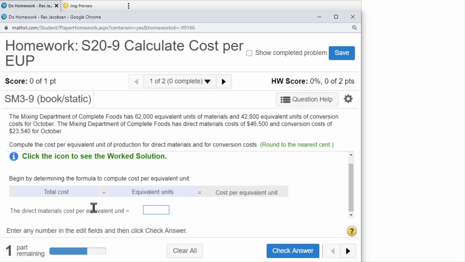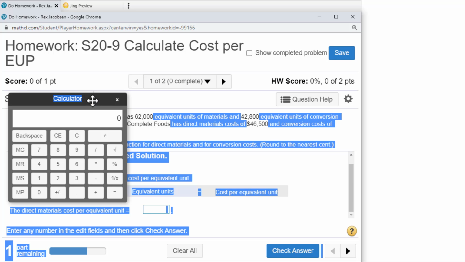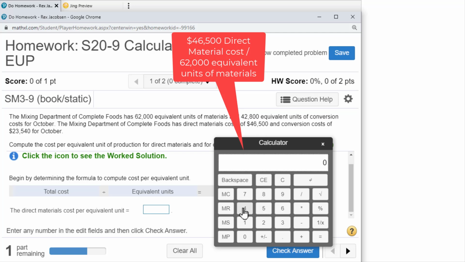So the first one we're going to do is direct materials. For direct materials, we find the total cost for direct materials, which is $46,500. So we're going to take $46,500 of direct materials divided by the 62,000 equivalent units for materials.